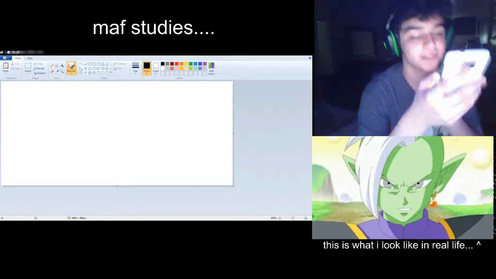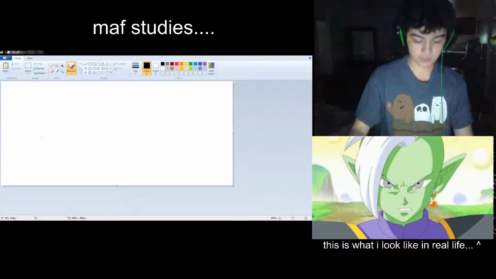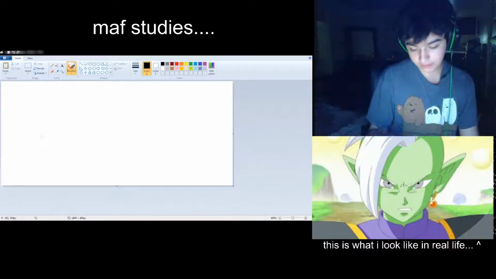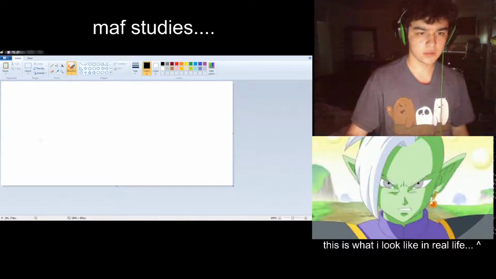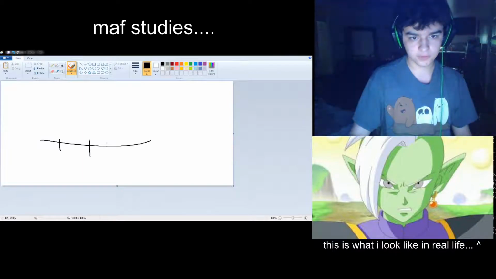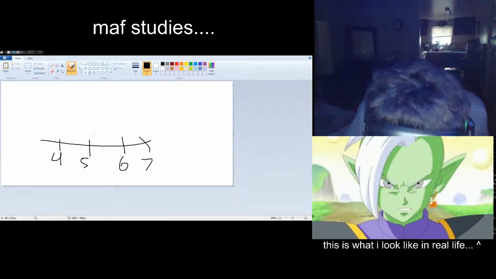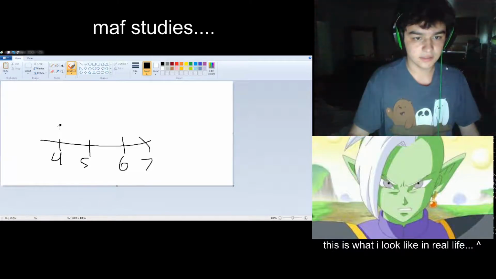Alright? Describe the data set. Which I'm gonna have to search up what these are because I have absolutely no idea how these work. 4, 5, 6, 7. So 4 has 2. It just goes up. It actually goes up significantly near the end.